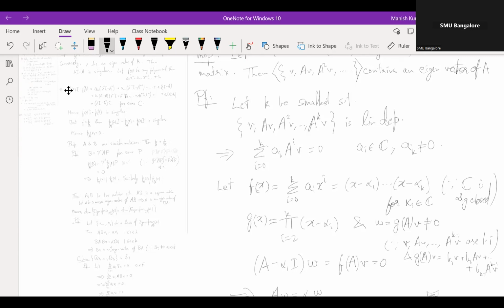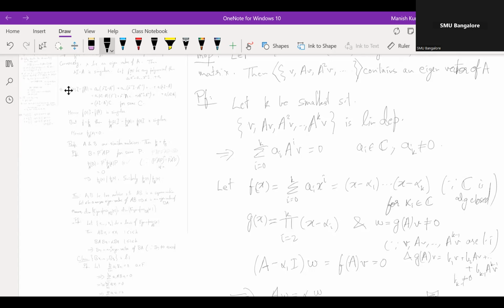But we know that v, Av, up to A to the k minus 1 v are linearly independent. So no matter what the b_i's are, this cannot be 0, unless all the b_i's are 0. But that's not possible, because g is not the zero polynomial. It's a polynomial of degree k minus 1, so in particular b_(k-1) is non-zero.